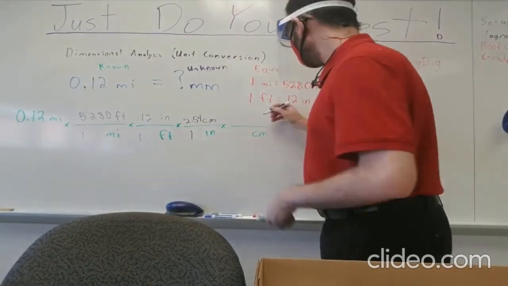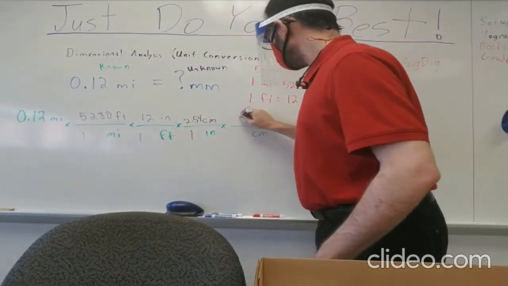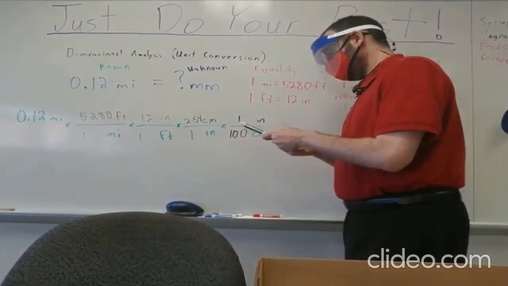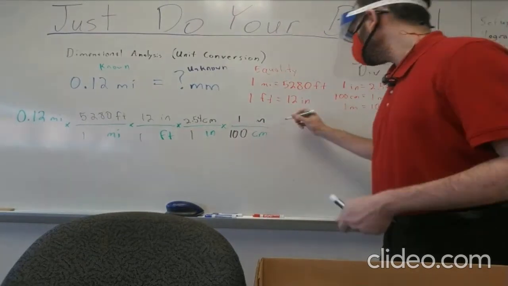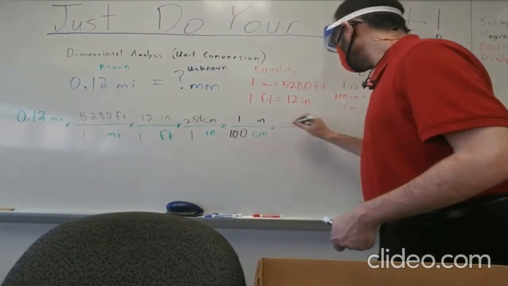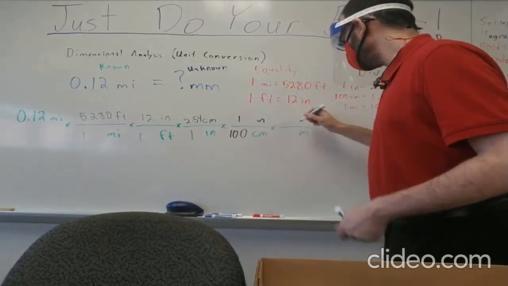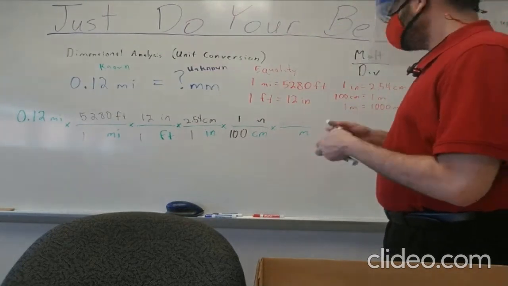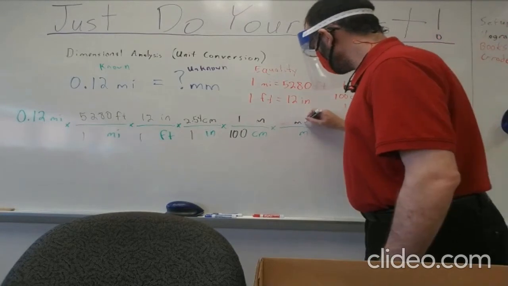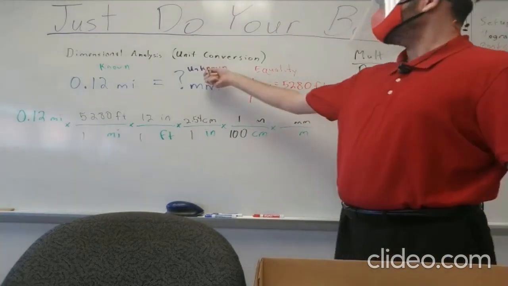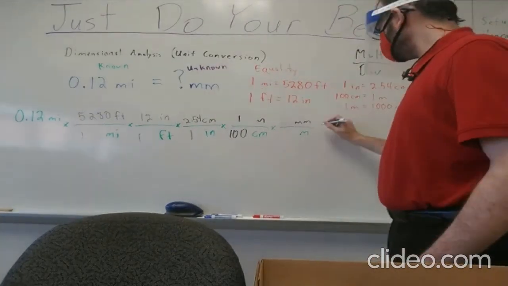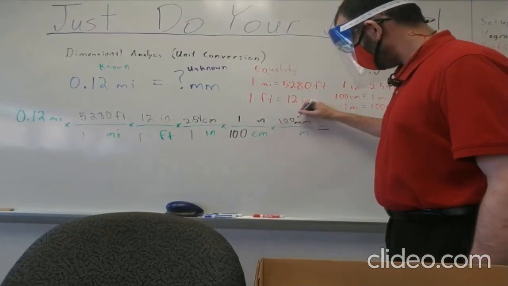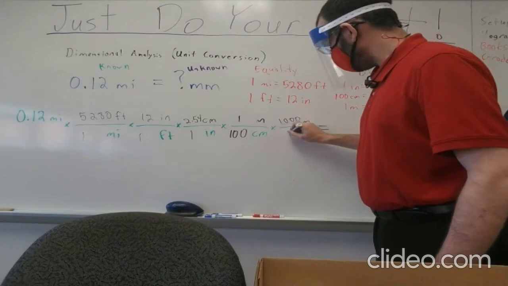For every 1 meter, there is 100 centimeters times line. I bring meter down and I change that to millimeter. Now, if I remember, millimeter is what I wanted to stop with. It was my unknown. So this is where I'm done. And there is 1,000 millimeters per meter.